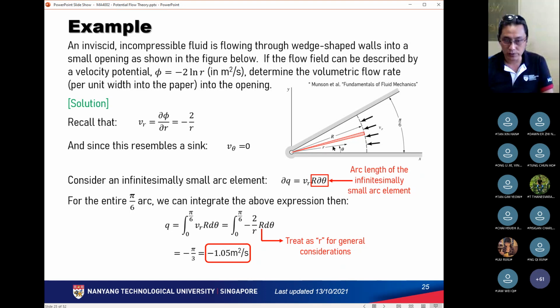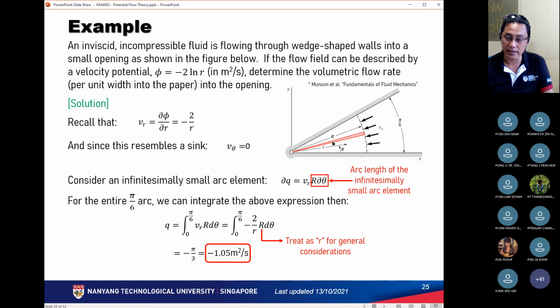Now to solve this question, let's consider this infinitesimally small arc element, as indicated by this red arc here. The flow rate going into this arc element, let's express it as del Q. This tiny change in volume flow is nothing but VR, the velocity of the fluid going through this arc length, multiplied by the radius at this point, which we can write as capital R, times del theta.